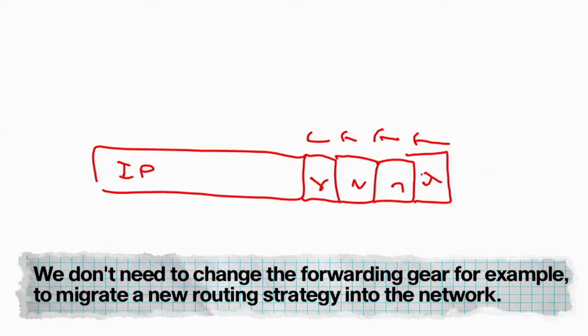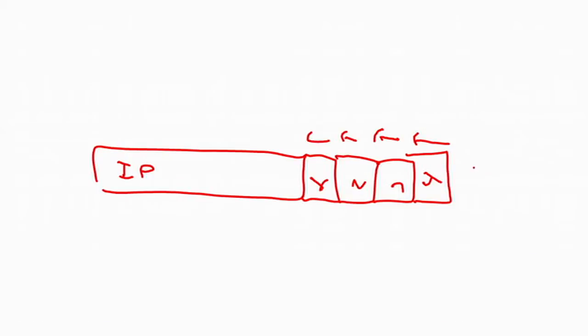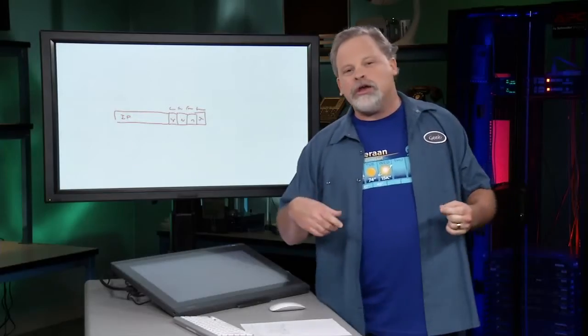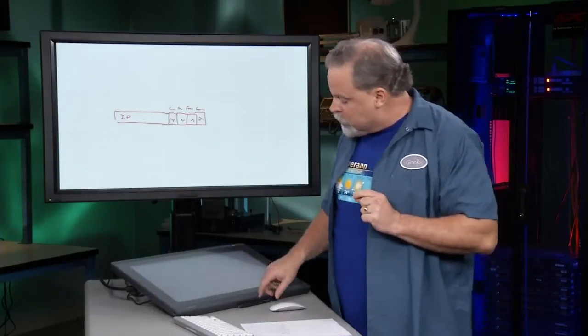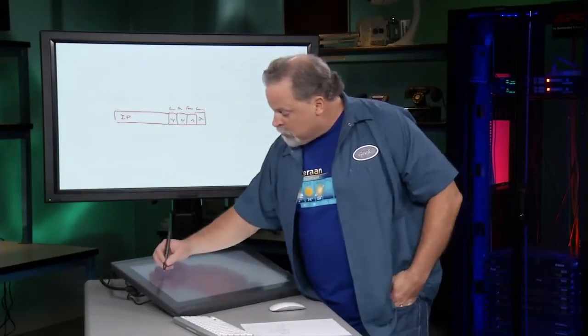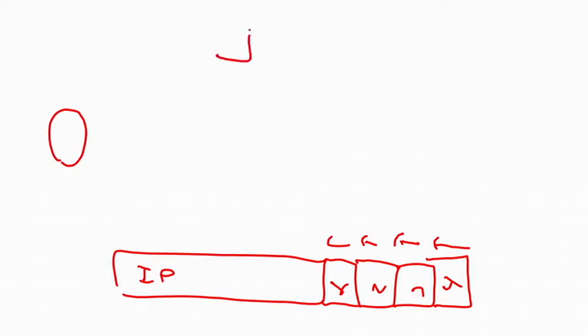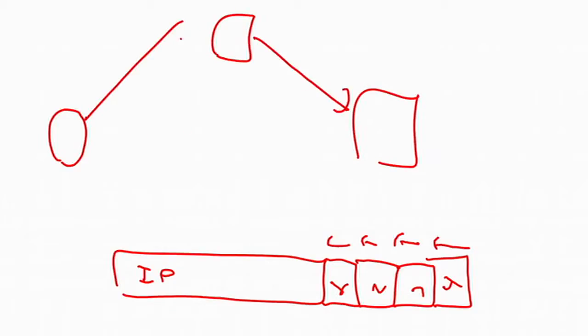The advantage that stacking these labels gives me is that now I can basically create tunnels inside of a network. So when I'm building out my label switching network, my MPLS network, I can have a path. These are my LSRs, my label switching routers.